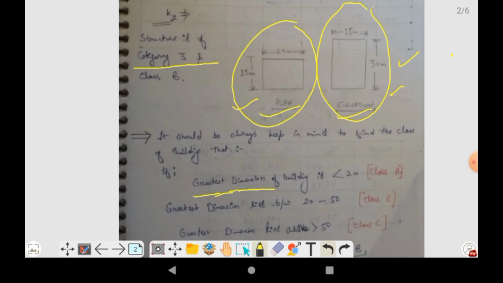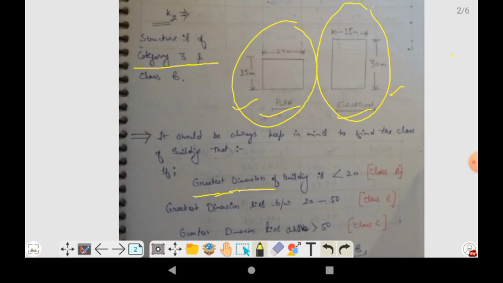So we are going to compare it with the value that is given by the codes. So here you can see that the greater dimension of the building is 30. So if the greater dimension of the building is less than 20, it will lie in class A. But here you can see that our structure is not less than 20. So we are going to move to our next condition.